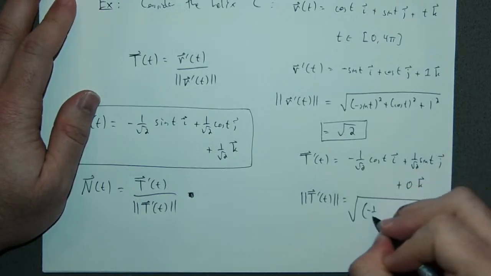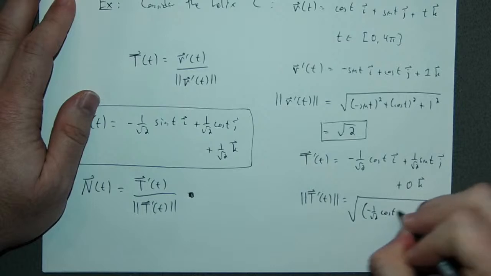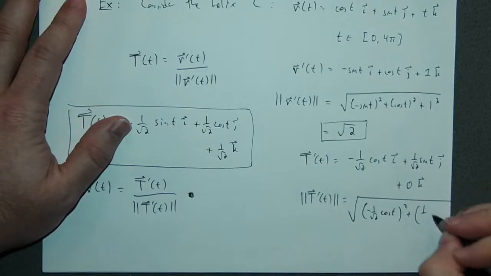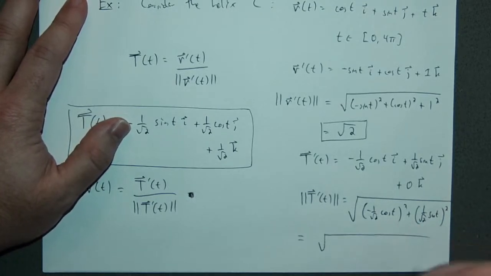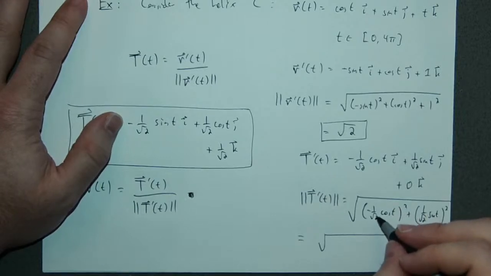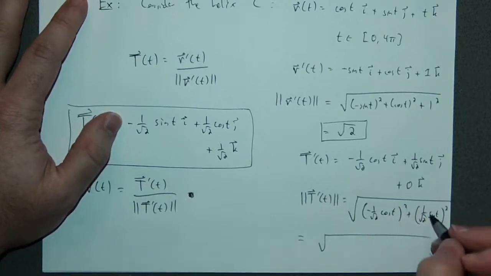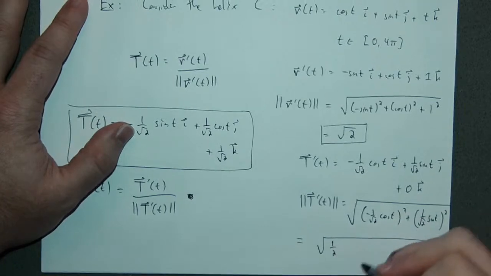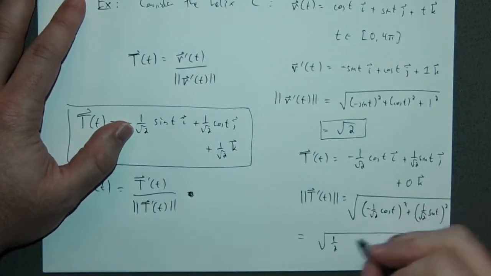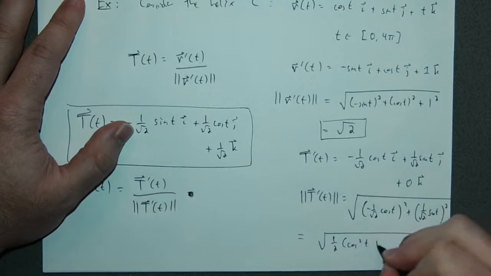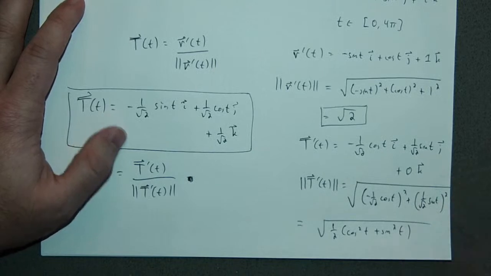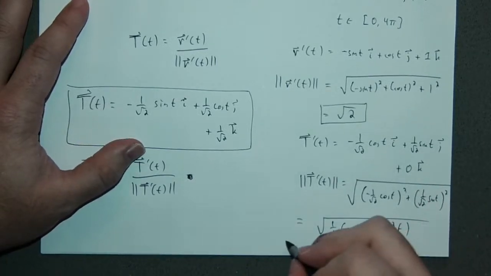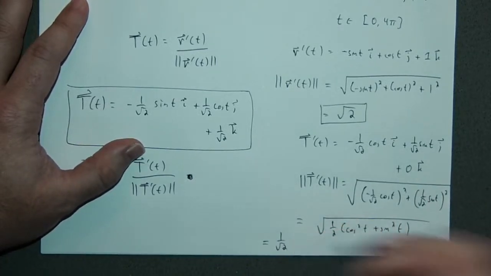So this is minus 1 over root 2 cosine t squared plus 1 over root 2 sine t squared. So what is that? When I square these things, I get 1 half cosine squared t plus 1 half sine squared t. So I get 1 over 2 times cosine squared t plus sine squared t. All right. And so I get 1 over root 2.